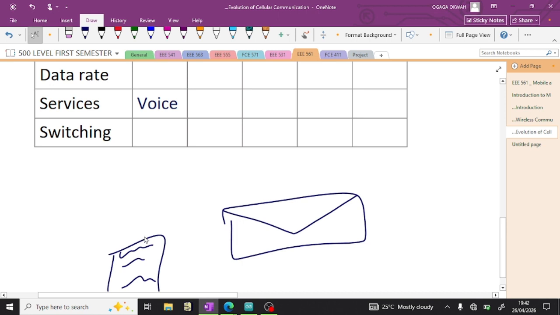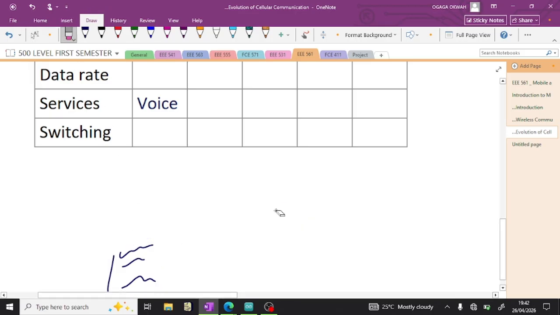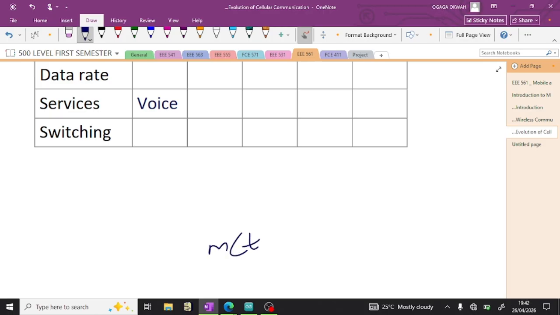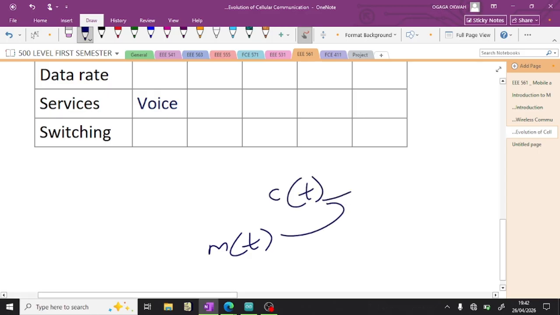Now the thing is this: our voice, when we speak, is not something we can transmit over a long distance. So in order to transmit it over a long distance, we are going to place the voice signal, let's call the voice signal M of T, inside the carrier signal.